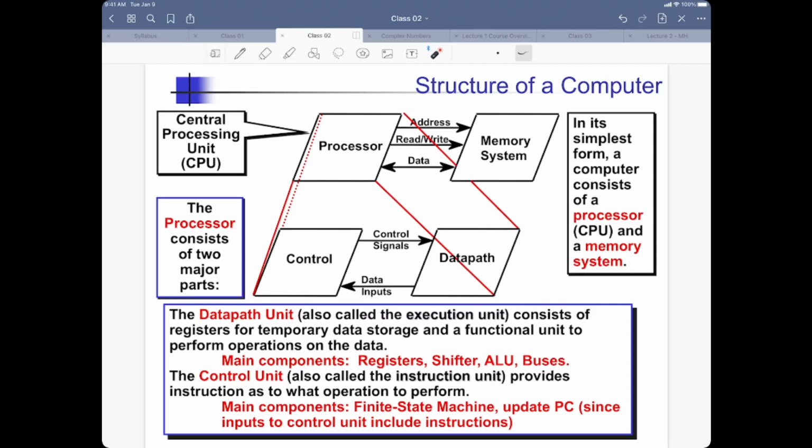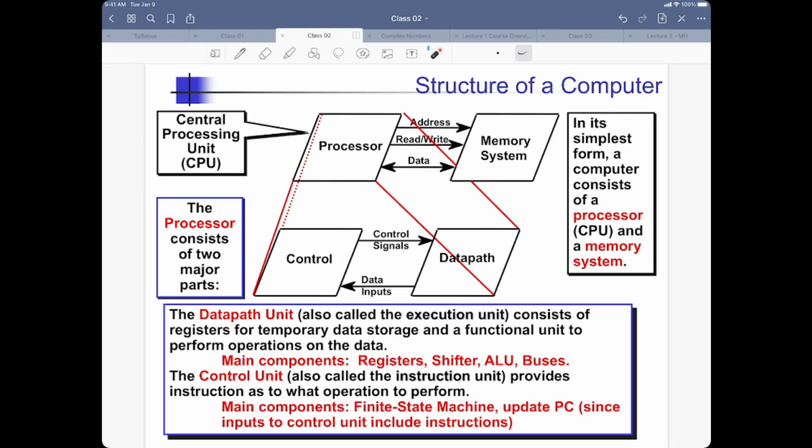One is the control. Control is the mastermind, right? Like the brains. And you have your data path. What is the data path? The worker, the workhorse. So control unit is your brains of the system. Data path is the workhorse. Both combined, that's your processor. And then processor is going to be working on instructions and data that is present in the memory.